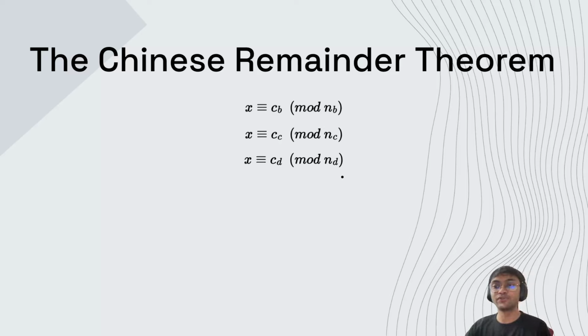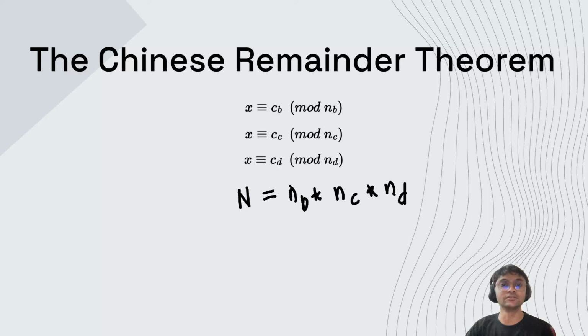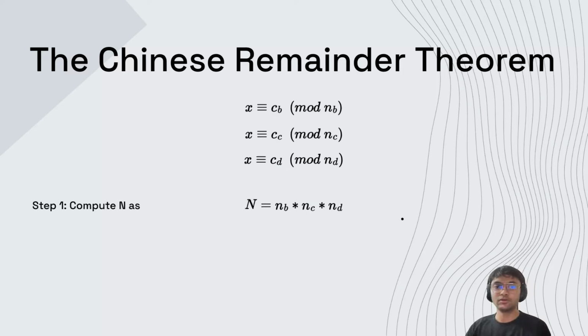Our first step would be to calculate capital N, which is nothing but the product of all moduli nb, nc, and nd. Our next step would be to calculate the y_i's, which is y1, y2, and y3 corresponding to each of these equations.